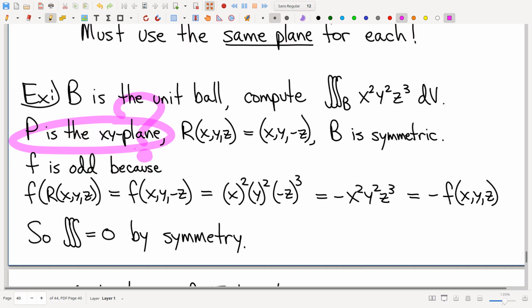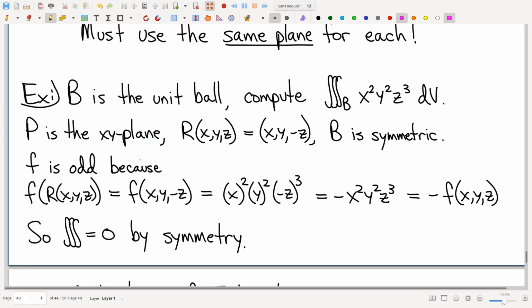So why did I pick this one specifically? And it's because while the domain is just bonkers symmetric, the integrand's not. The integrand's, I believe, only symmetric through one plane, right? And so sometimes what'll motivate your choice is the domain.